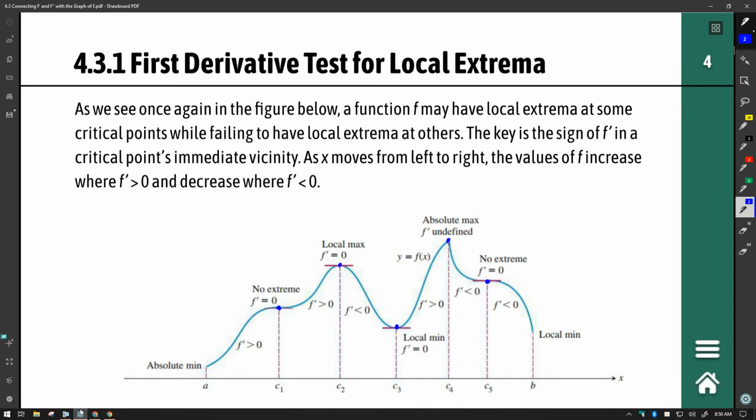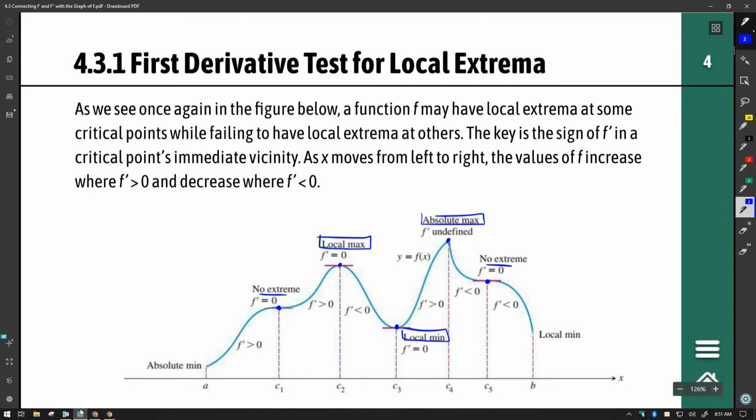Notice that we have a local maximum at one. We have a local minimum at another. Both of these share the condition that f prime is 0. There's another absolute max as well, but at this point, f prime is undefined. Notice the graph comes to a point. There are two other critical numbers here where there is no extreme value.